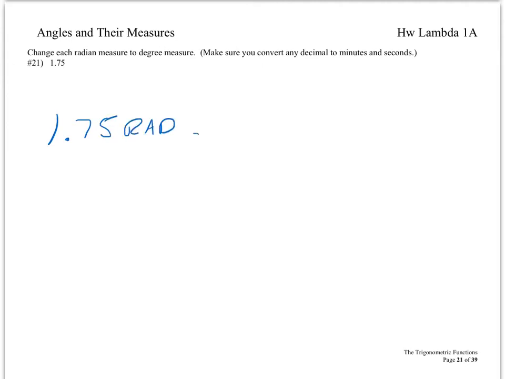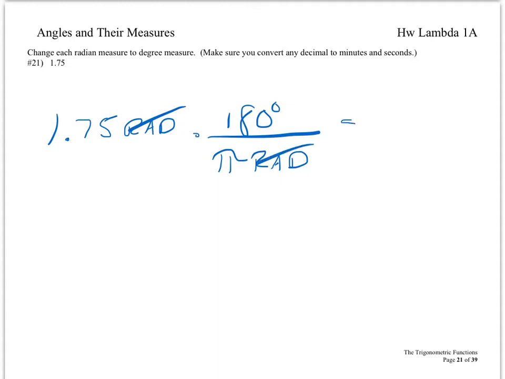1.75 radians. Change it to degrees. I need to get rid of the radians, so I'm going to put pi radians in my denominator. That's equivalent to 180 degrees, so I put that on top. Radians cancel. Nothing else does. 180 times 1.75, using a calculator, I get 315 degrees divided by pi.